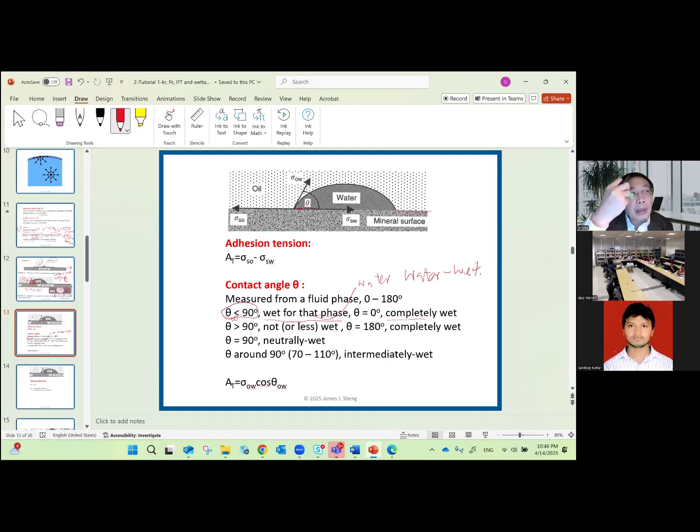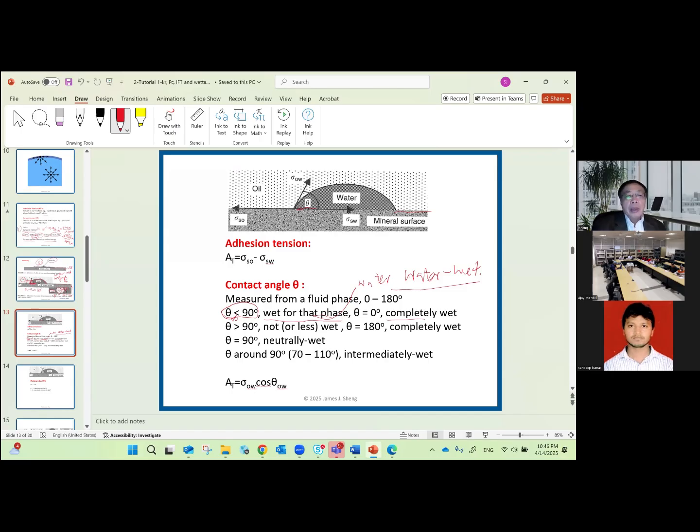It's common sense: the water strongly sticks to the rock surface. If the water strongly sticks to the rock surface, they like each other, so therefore we call it water wet. So from this description, if the contact angle is smaller, it is more water wet.